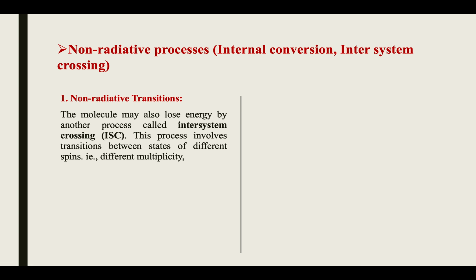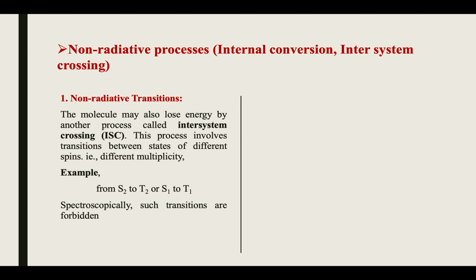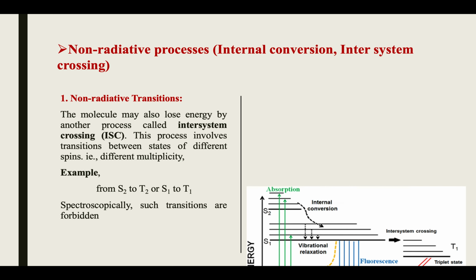Due to this different multiplicity, intersystem crossing can happen, for example S2 to T2 or S1 to T1. Spectroscopically, such transitions are forbidden, but this does happen, and energy losses occur. That's why we call it a non-radiative transition.